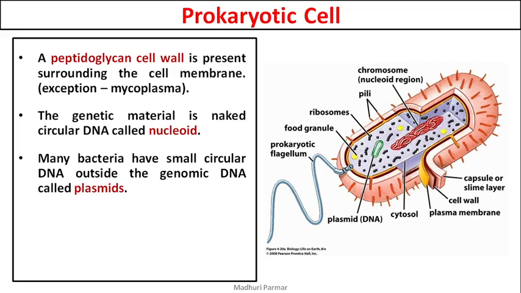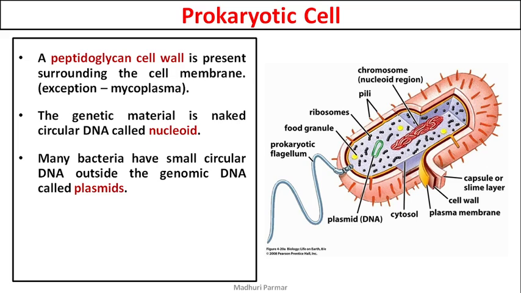Prokaryotic cells are haploid, meaning they have only one copy of every gene. And so the DNA that is found in prokaryotes is also referred to as chromosome. So bacteria have a single chromosome. Whenever you hear bacterial chromosome, it means bacterial DNA.